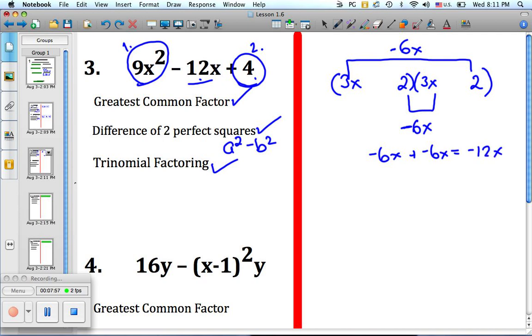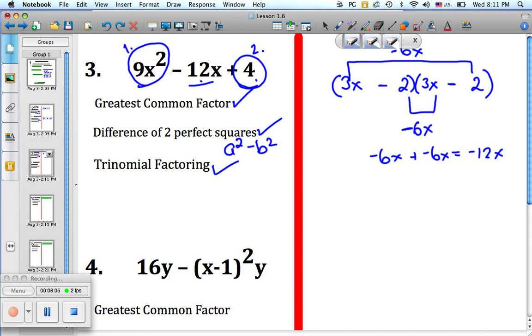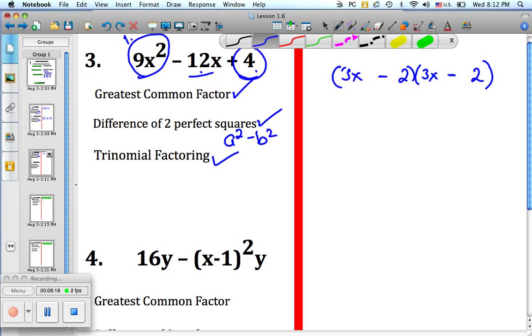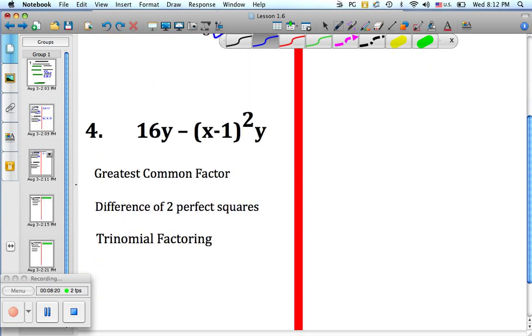So I guess this and this are negatives. So voila, my problem is factored. And that is the answer when I factor that problem out. Now that's the type of factoring that most people didn't like because it took you a long time and it took you trial and error.